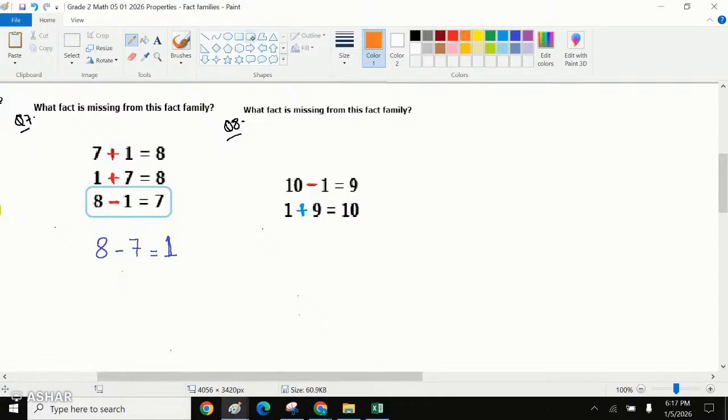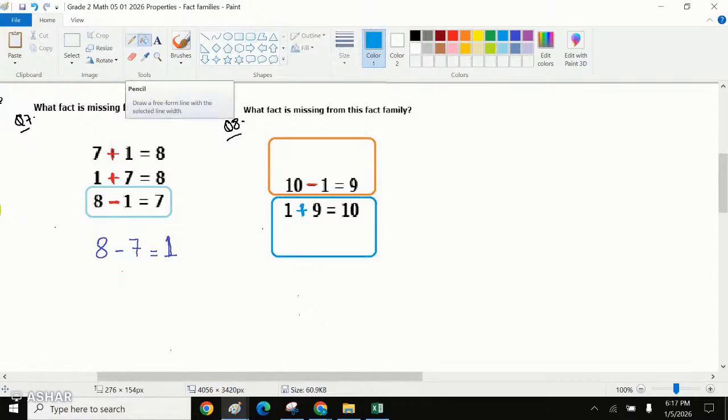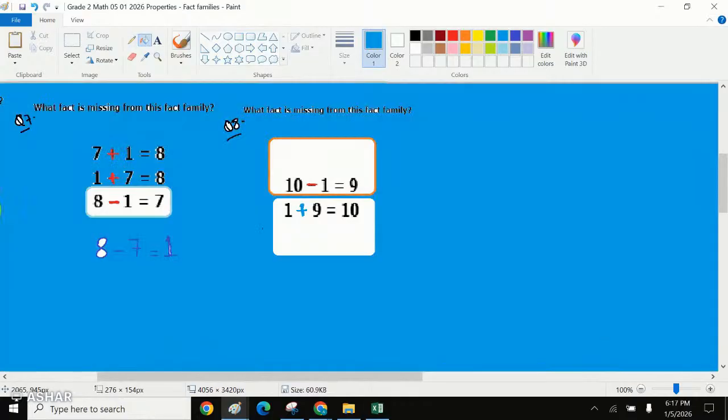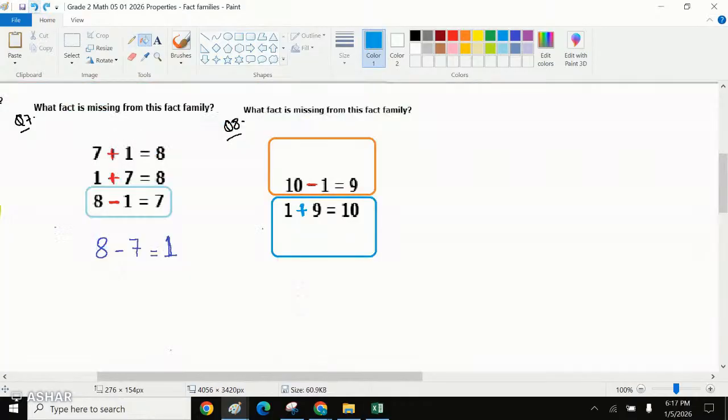So let's try to find the positives and the negatives, right? There should be 2 positive and 2 negative. Let's try to find these. So if this is given to us, can we say 10 minus 1 was 9, right?